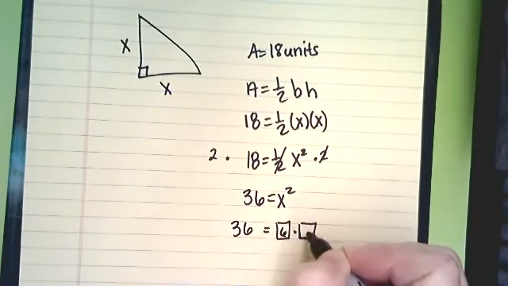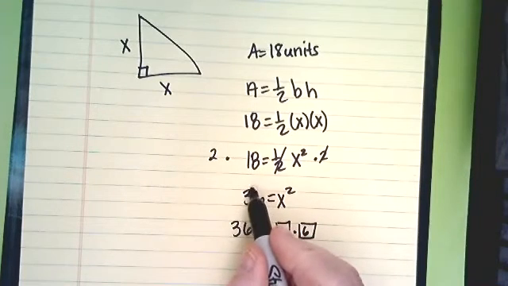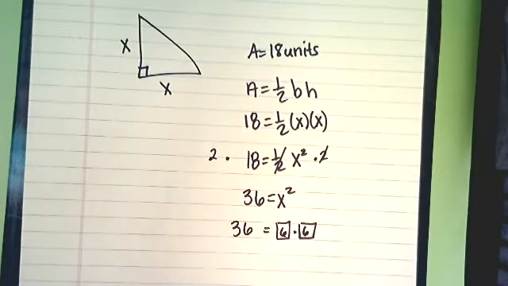It'd be the mathematics behind it. You're looking for a number that multiplied by itself gives you 36. And you know those. I picked out something easy enough that you know 4 times 4, 5 times 5, 6 times 6. You know those little numbers. So x is 6.